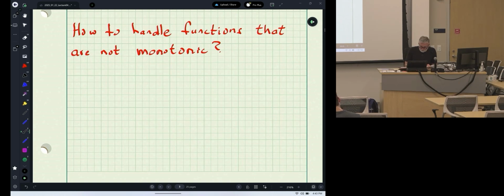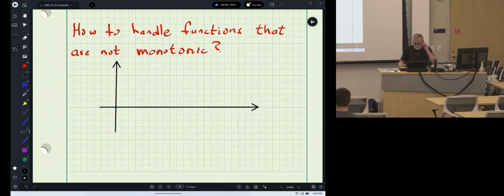What do I mean by that? When the function was either strictly increasing or strictly decreasing, we only needed to worry about the two endpoints of any rectangle that we would have to deal with.